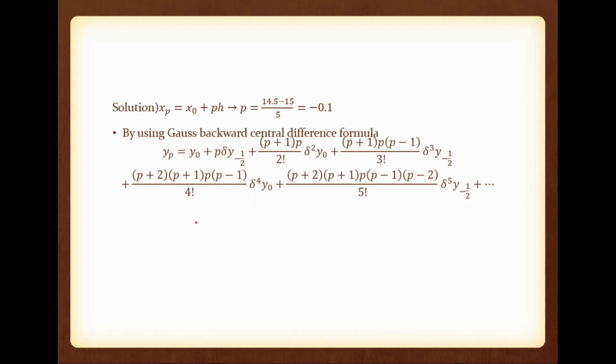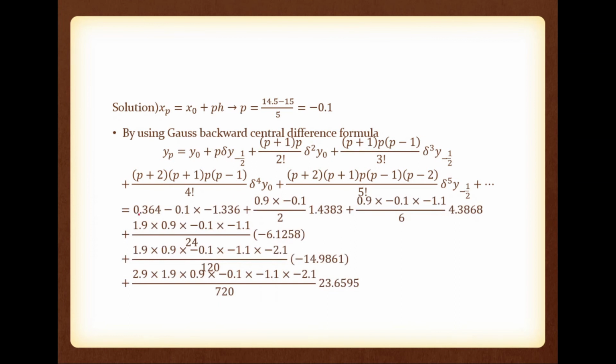So by substituting corresponding values, we have yp is equal to y0 is 0.364, plus p into, actually this is plus p.